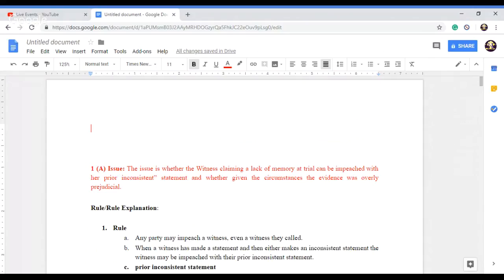We want people to fix things. So that tension between the admissibility of bringing the subsequent remedial measure in for something else, let's say for ownership or control, versus the policy of keeping it out, because the jury may say, okay, even though we know you're only using it for ownership or control, since you fixed it, that means you broke it.